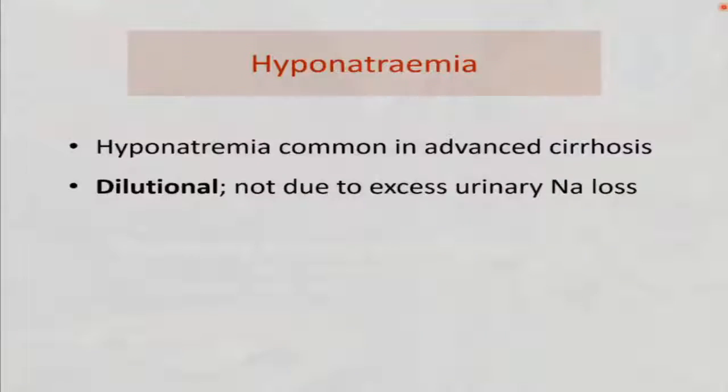Hyponatremia is probably the most mismanaged problem in cirrhosis that I see in my practice. It is very common in advanced cirrhosis, and what people forget is that it is a hypervolemic hyponatremia. It's dilutional. It's not due to an excess urinary sodium loss.